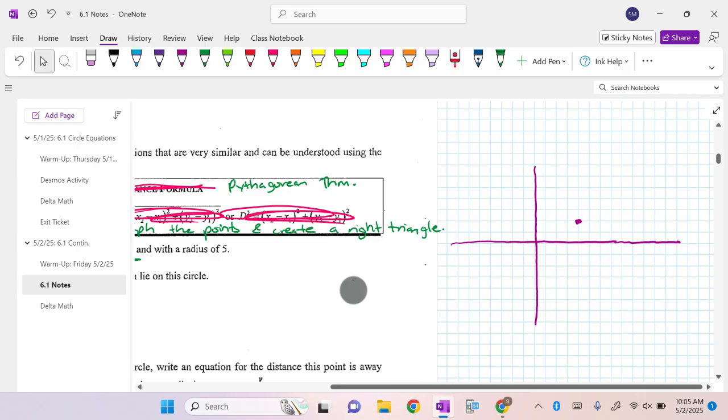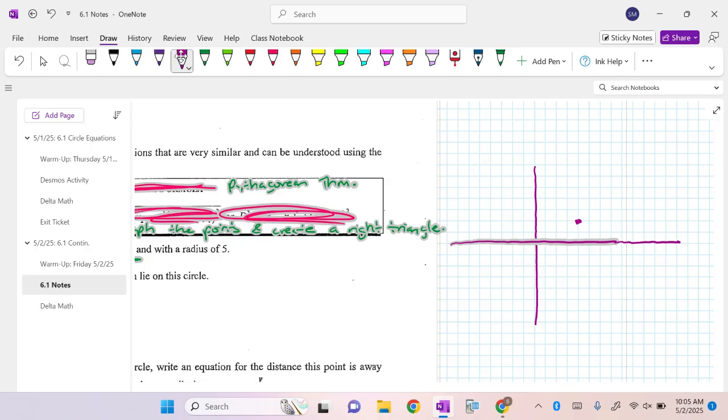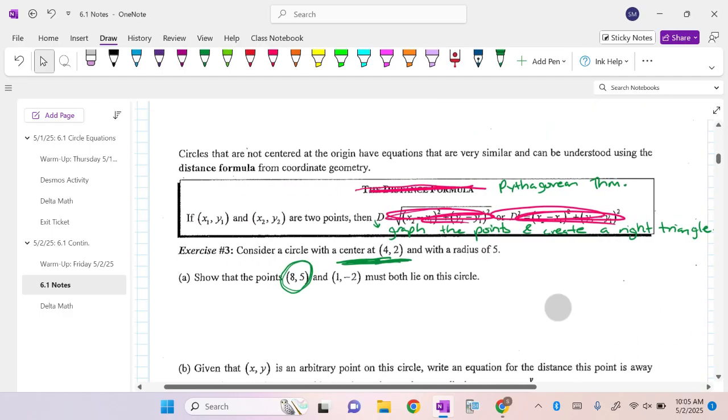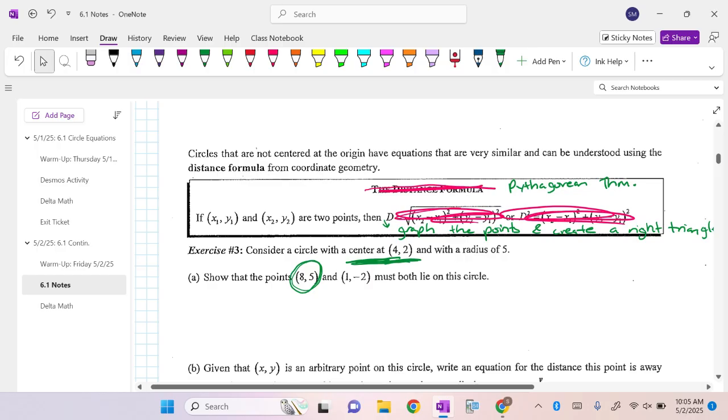So we then have the point 8, 5. So we count 8 more and then go up to 5. I can tell you right now that this point is in fact on the circle. But what we want to do is prove that the radius is 5. Even though it tells us the radius is 5, we're going to prove it.